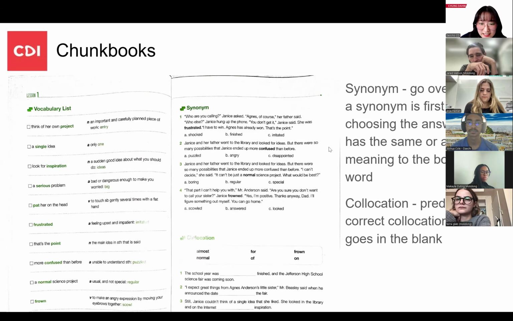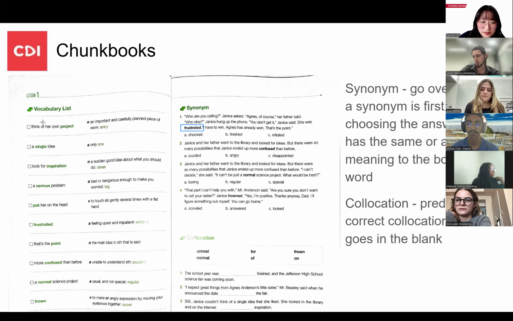They need to see what the bolded word here is. I can point it out for you. So this is the bolded word here, frustrated. Then they need to find what the synonym of frustrated is. These passages are from the reading itself, so they can use the context here to determine what the correct synonym is.